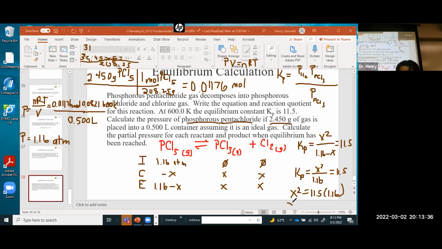So we get x squared equals 13.384. And so x is going to equal 3.65. Okay, so 3.65 ATM.